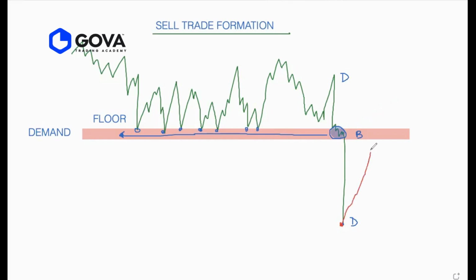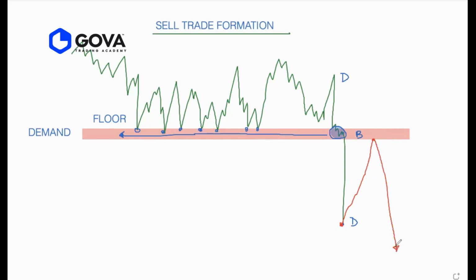When market price touches here, which is the roof, because it is no longer a floor, it has changed to a roof now, we are expecting market price to bounce back down after touching the roof.